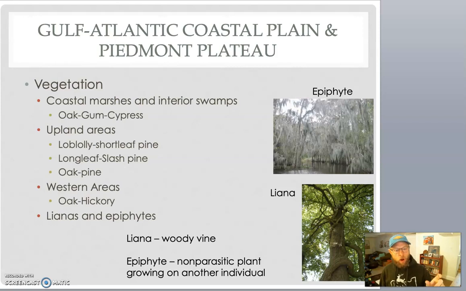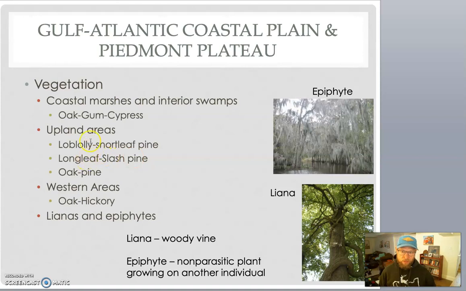In those swampy areas where you have that standing water, that's where we're going to get oak, gum, cypress forests showing up. And so those are forests that can tolerate flooding all the time. As you move out of those swampy areas and the soils are a little bit drier, then you get loblolly, shortleaf pine, longleaf pine, and oak pine forest showing up.